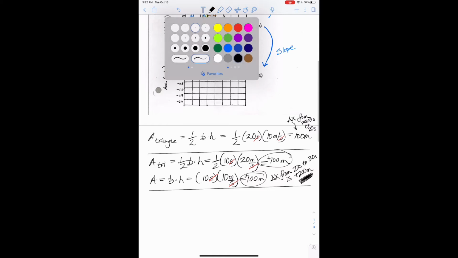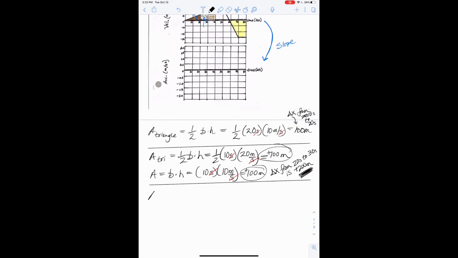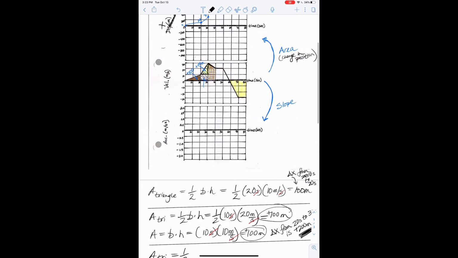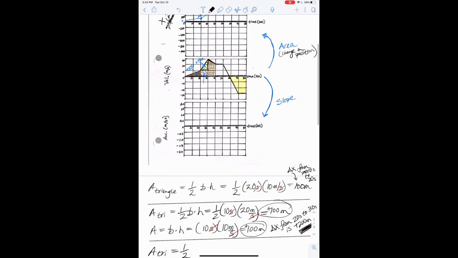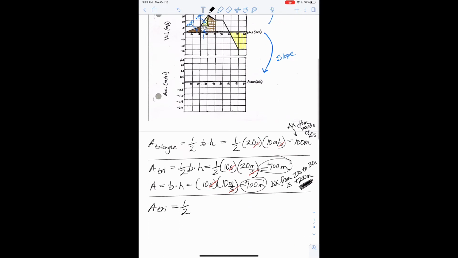So the first one, let's do the triangle. The area of the triangle is equal to 1/2 base times height. I'm not going to keep writing that formula, it's so simple. The base is 40 minus 30 for that tiny triangle up top, so the base is going to be 10 seconds.